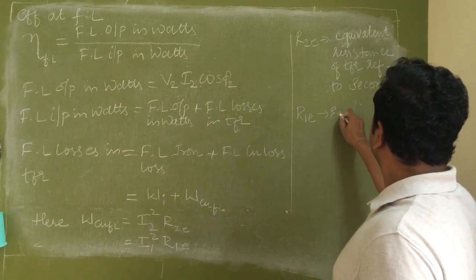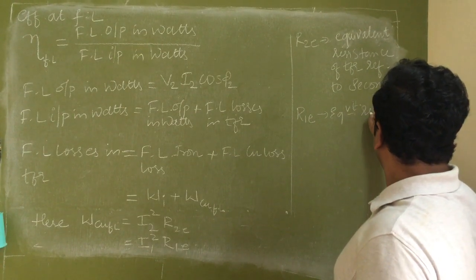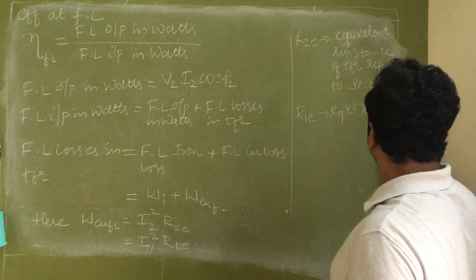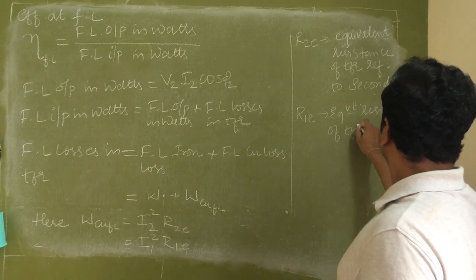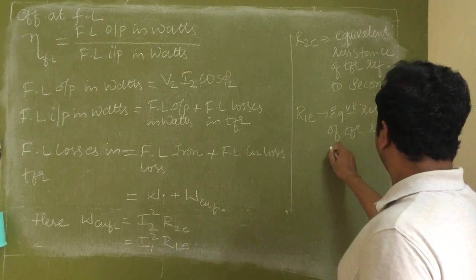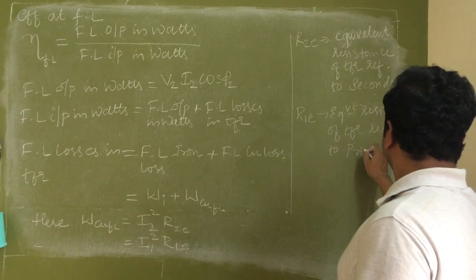R1E is the equivalent resistance of transformer referred to primary.